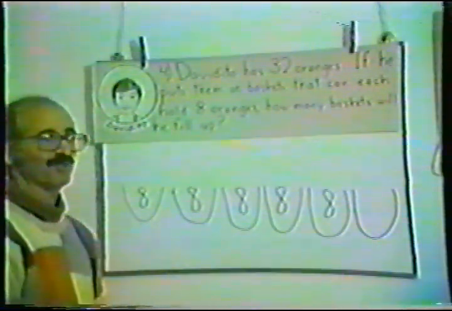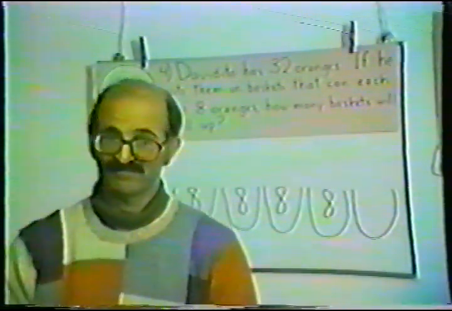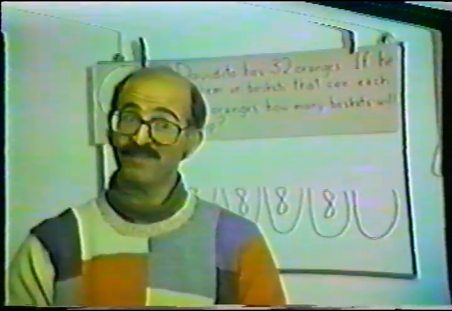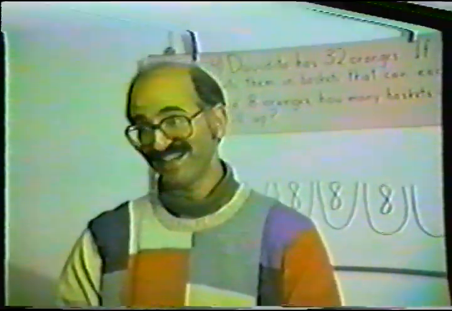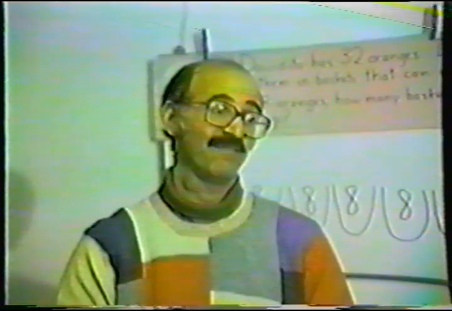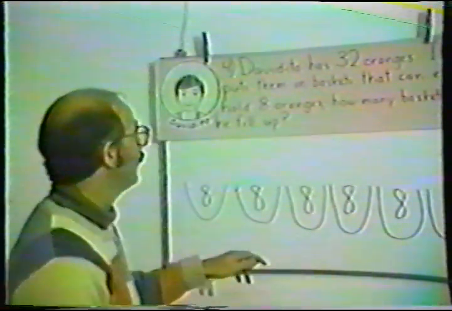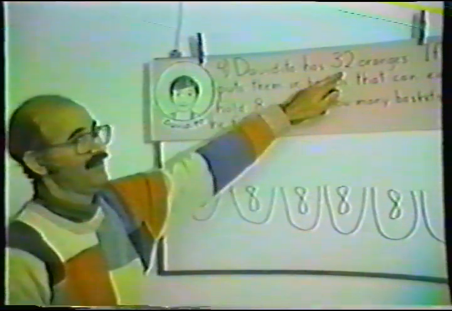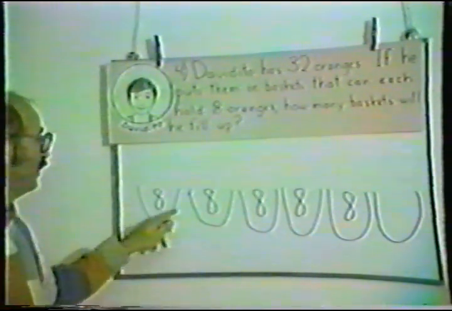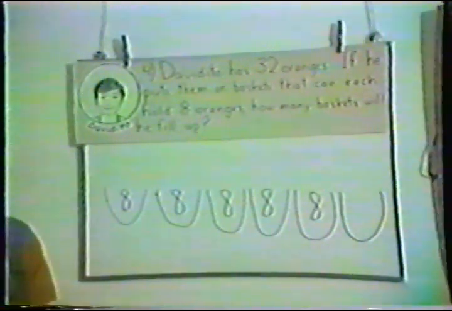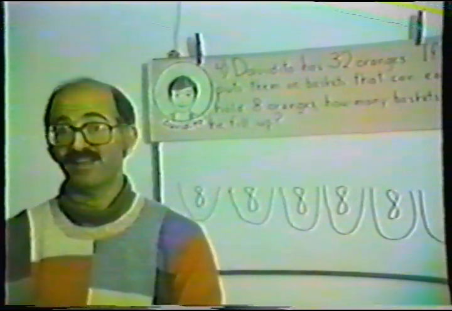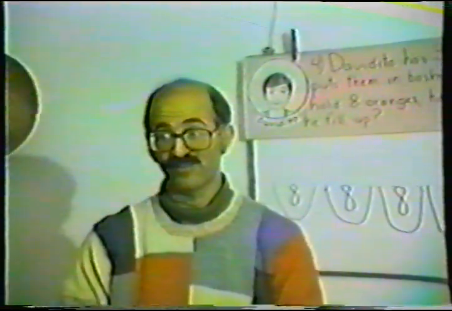Are you sure about that? We've got lots of baskets, but we only have so many oranges. We have 32 oranges. I have a feeling if we fill up all these baskets that we've used more than our 32.